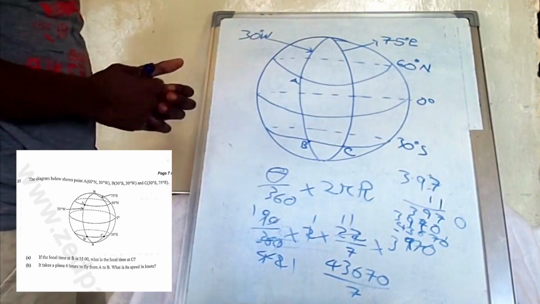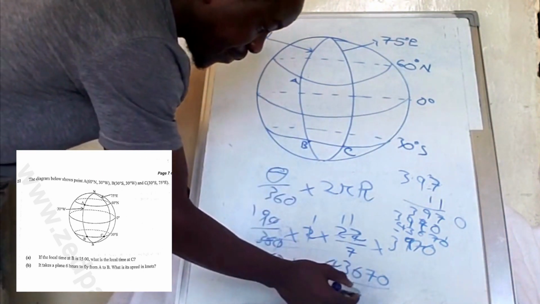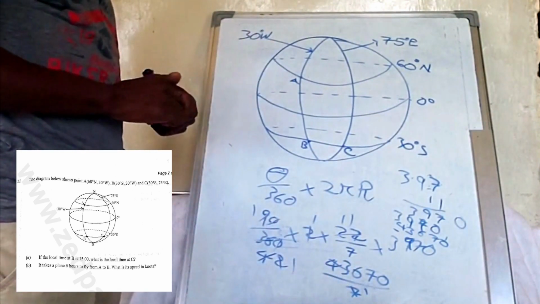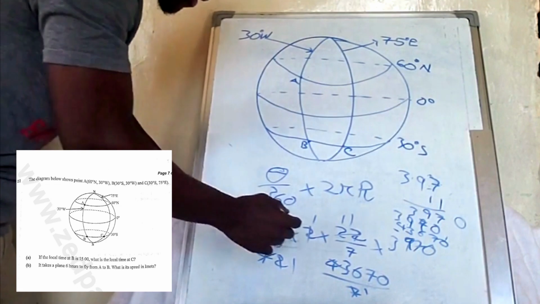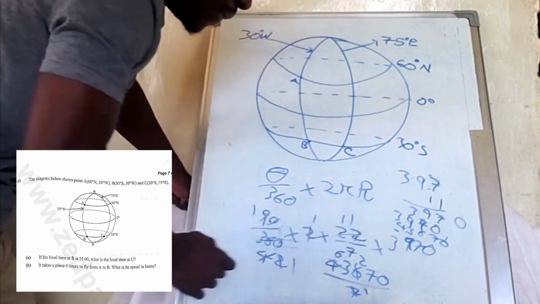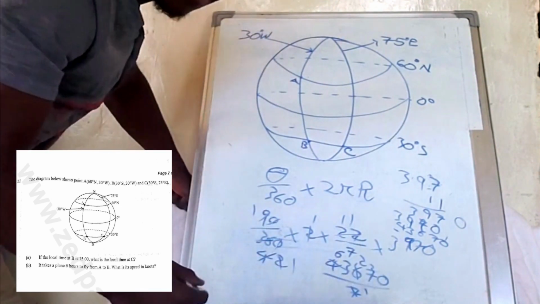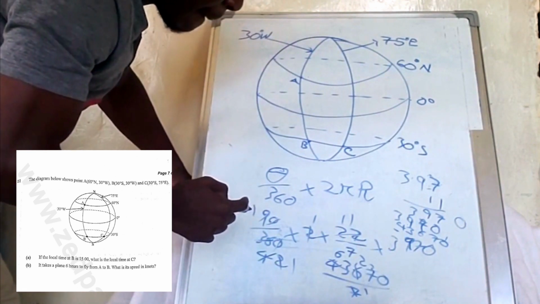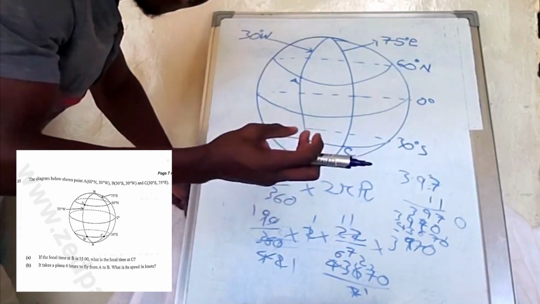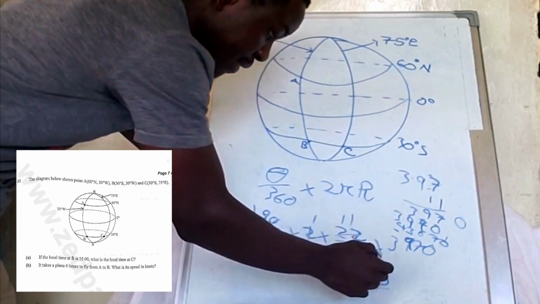Am I right? Yes. Then we can divide 43670 by 7. 7 into 43 will give us 6, remainder 1. 7 into 16 will give us 2, remainder 2. 7 into 27 will give us 3, remainder 6.